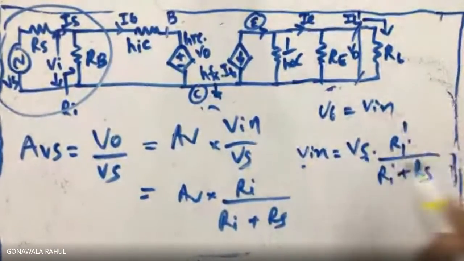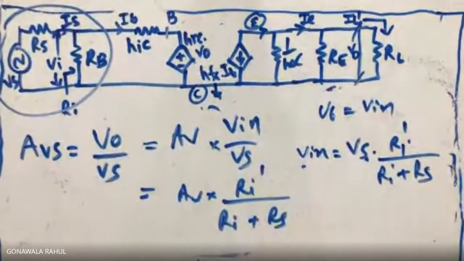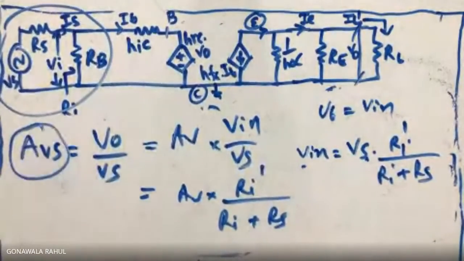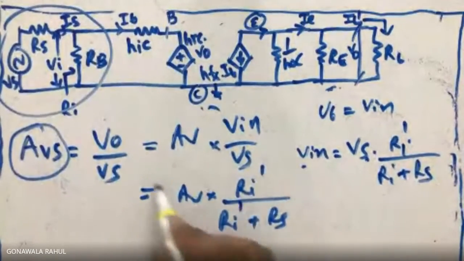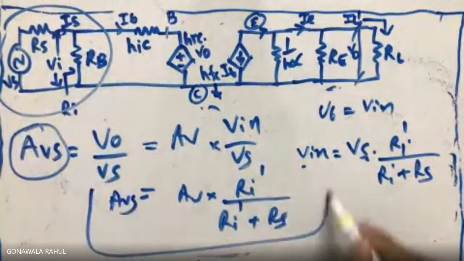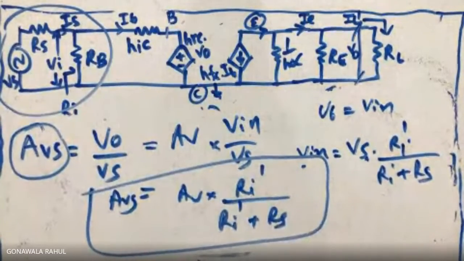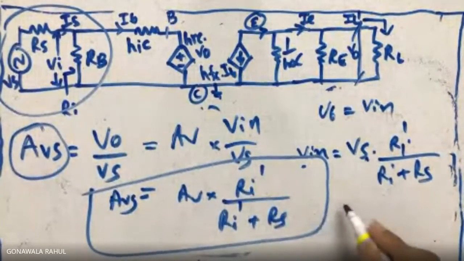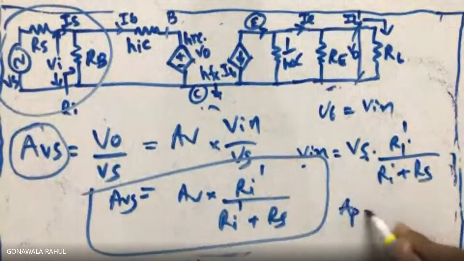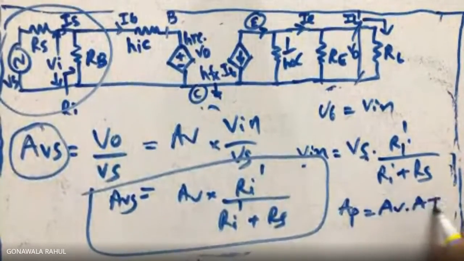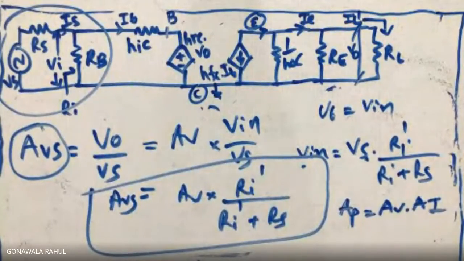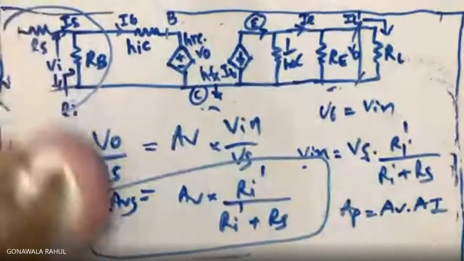I can write Ri dash here because we are considering voltage gain for the entire circuit. So AVS is equal to AV into Ri dash upon Ri dash plus Rs, and Ri dash we have already found. Clear? Now last point, power gain AP, that is AV into AI. We have the equation of AV and of AI, so we can find the power gain.